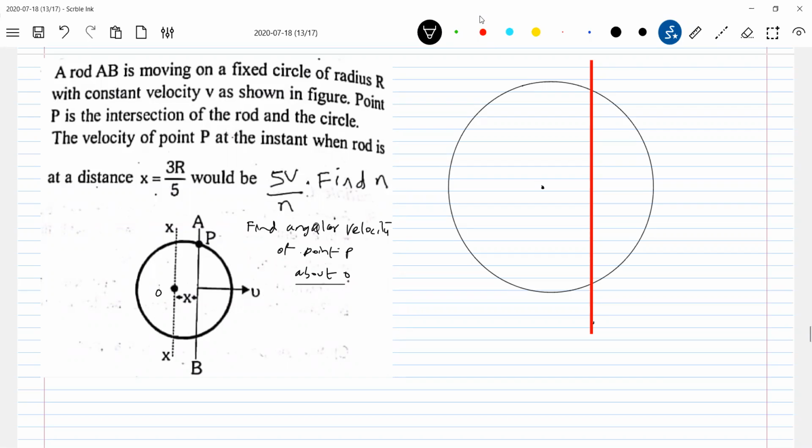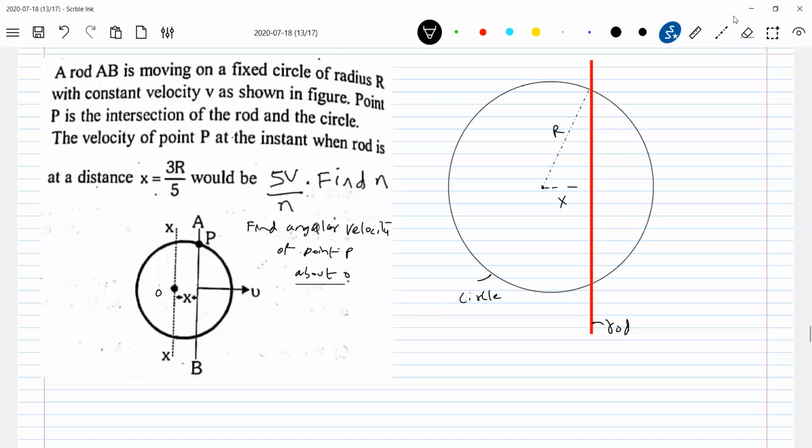This AB is a rod. I'm just going to move the rod. I'm asking what is the velocity of the point P where the rod comes in contact with the circle. This is a circle. This much information is there. And you take this as the radius R.